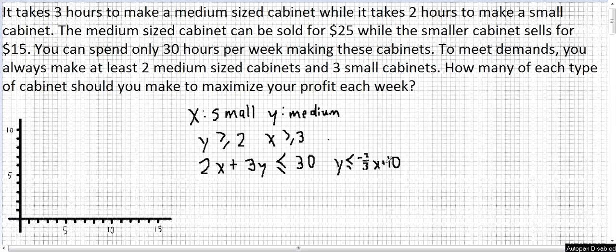Let's go ahead and graph the boundary line, which is y equals minus 2/3 x plus 10. The y-intercept of this line is 10, and the slope is minus 2/3.